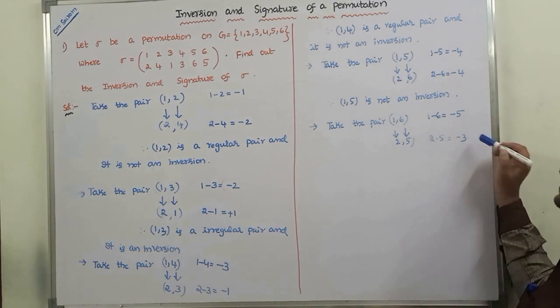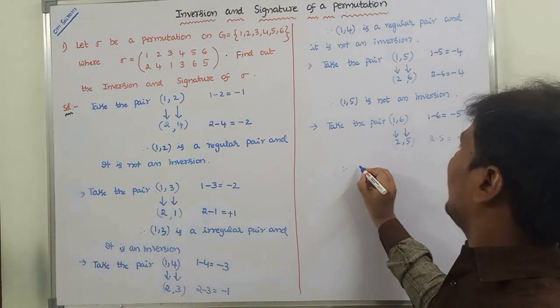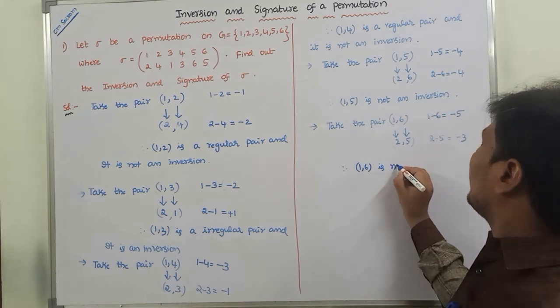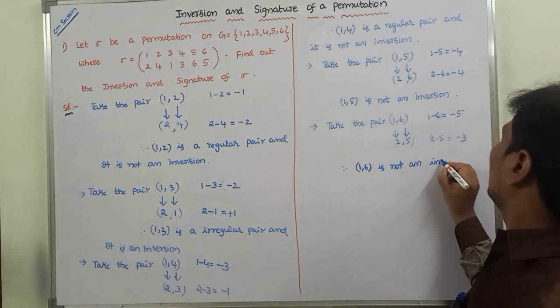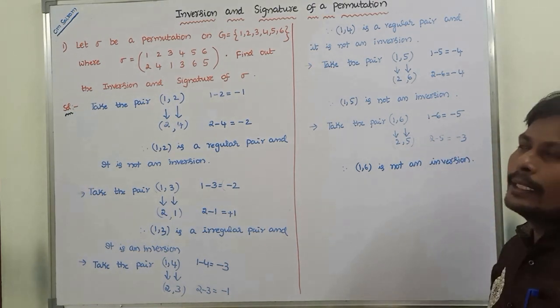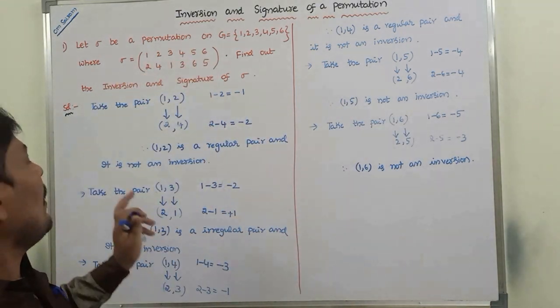Both are negative results. So we can say that 1,6 is not an inversion because it is a regular pair. Okay. Next, with 1 all combinations are completed.